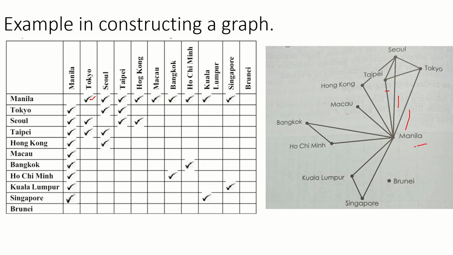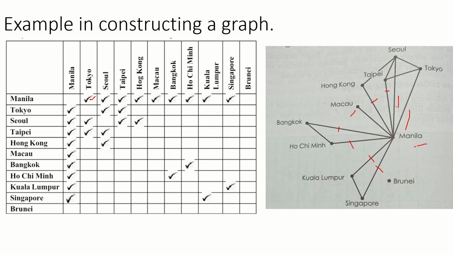And we have to Hong Kong. No, not that one. To Hong Kong is this one. And then to Macau, to Bangkok, to Ho Chi Minh, to Kuala Lumpur, and to Singapore. That's why we have these connections. We connect them from Manila to the other countries or cities.